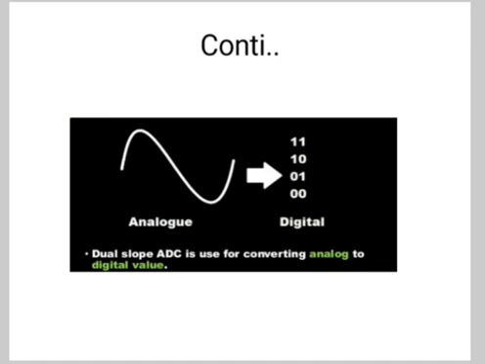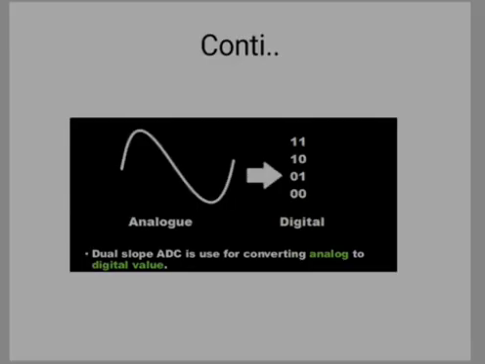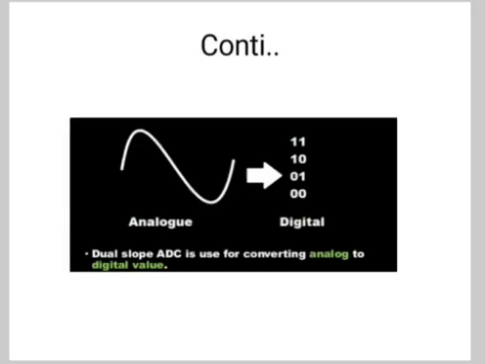The time it takes for the capacitor to charge up to the same voltage level as the input depends on the input signal level and the combination of minus V reference, R and C. When the capacitor reaches the voltage level, the comparator output goes high, loading the counter's output into the shift register for final output. This ADC circuit behaves like a digital ramp ADC, except that the comparator reference voltage is a smooth sawtooth waveform rather than the stair step.